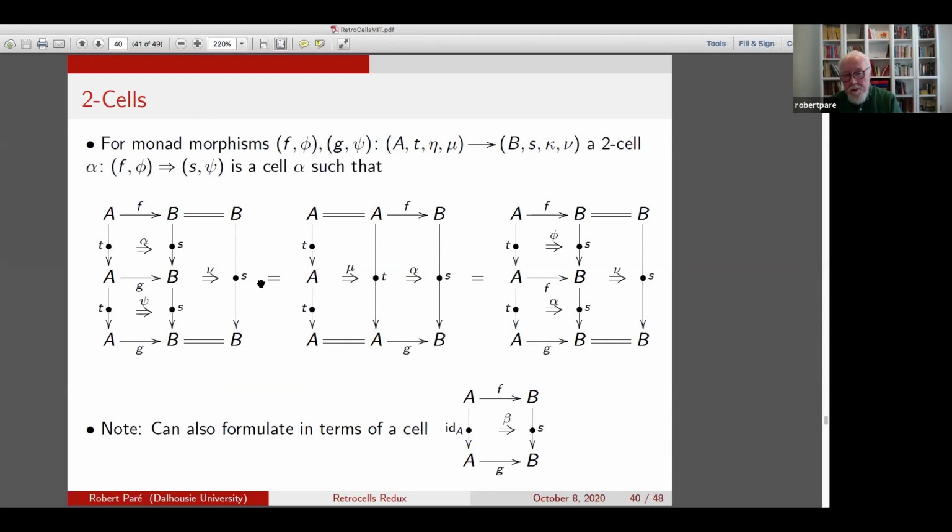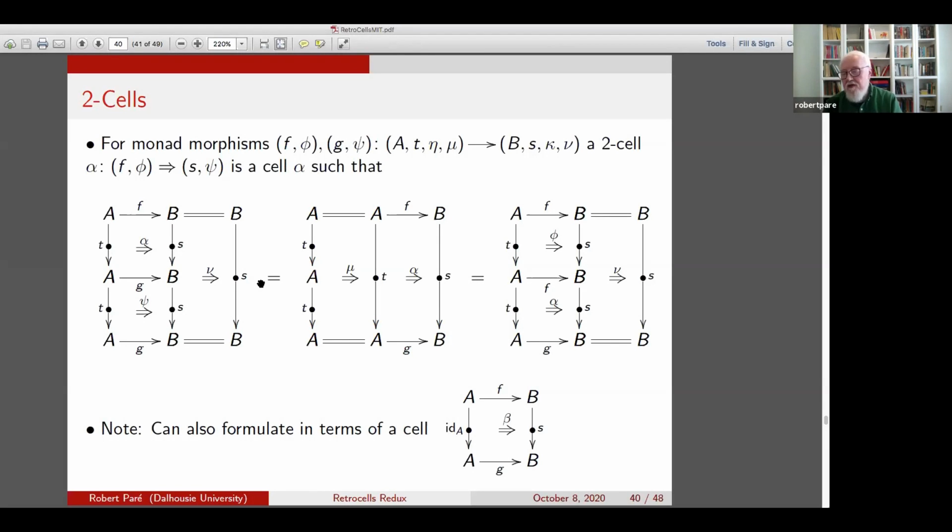And for two cells, now there's a story with two cells. If you look at Street's definition in his 1972 paper, it doesn't give you the right thing at all. So you have to go to the 2002 paper by Lack and Street, where they introduce more complicated morphisms of monads.